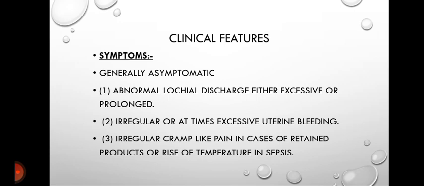Then there will be irregular cramps in case of retained products of conception inside the uterus. If there is any infection inside the uterus, the clinical feature will be fever or a rise in body temperature.